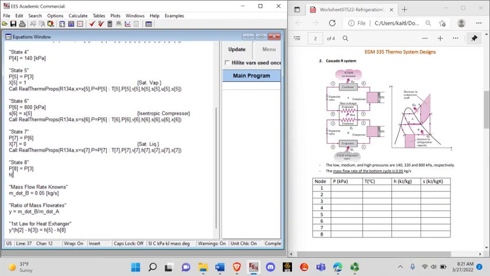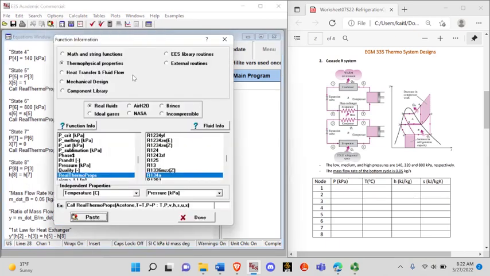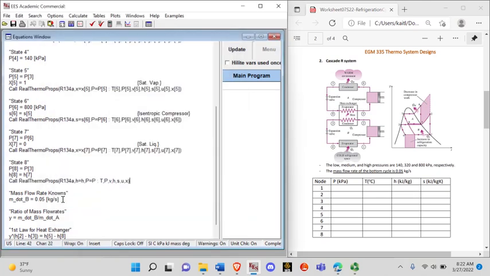So H8 equals H7. We'll do options, function info, thermophysical properties, real fluids, R134A, real thermal props. Now we have pressure and specific enthalpy. Paste. And we need to make sure we include the 8 value.